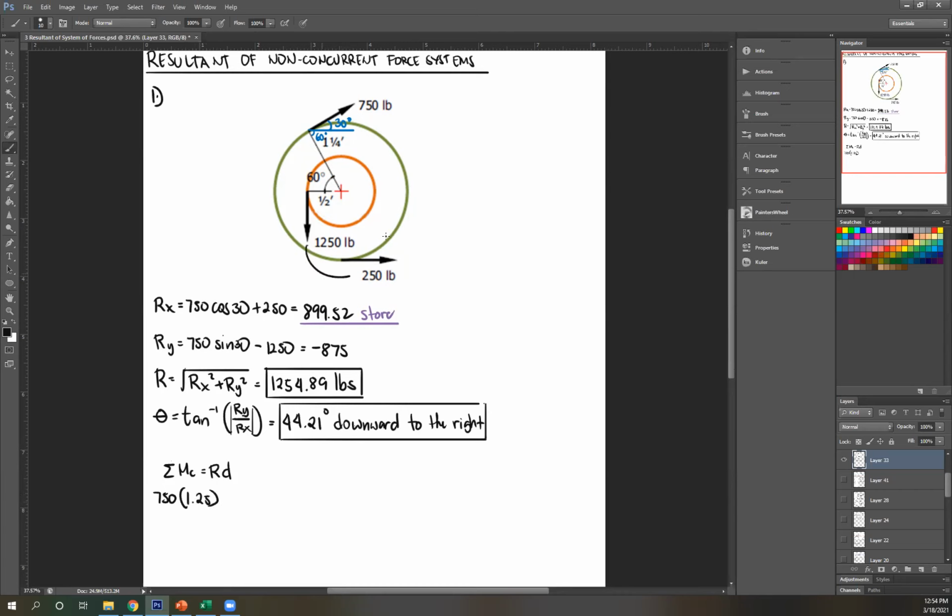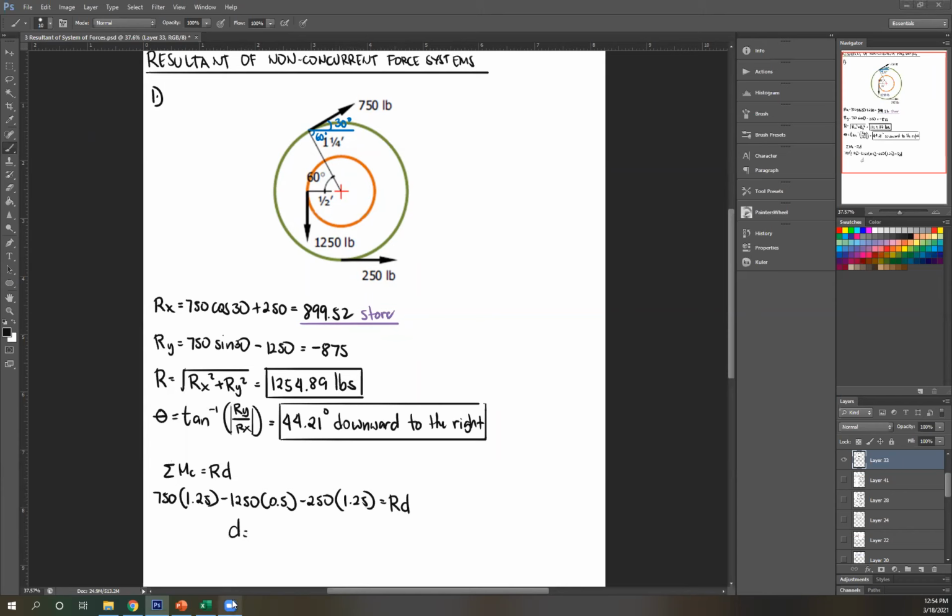Next, 1250, rotated counterclockwise, so negative 1250 multiplied by half an inch, which is 0.5. And then lastly, 250, rotated counterclockwise, so negative 250. Again, distance from center to outer circle is 1 1/4, so that's 1.25. Equals RD.